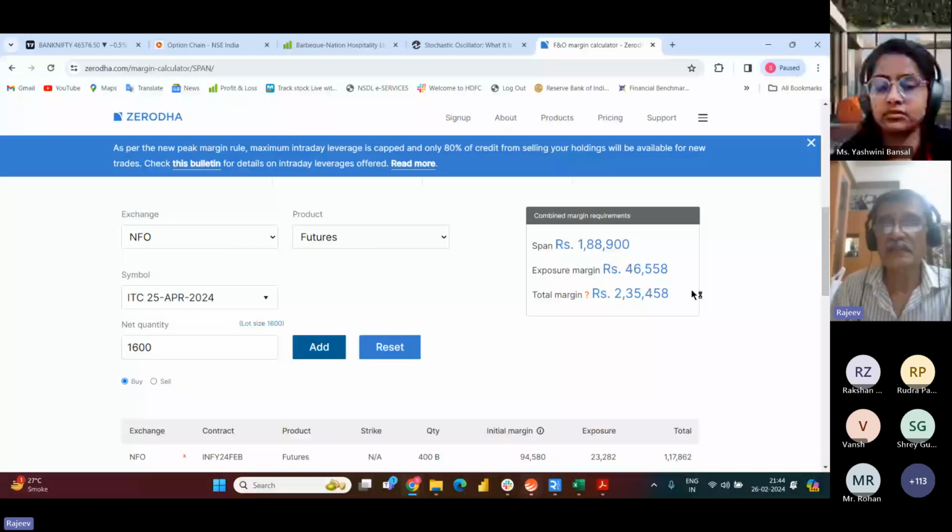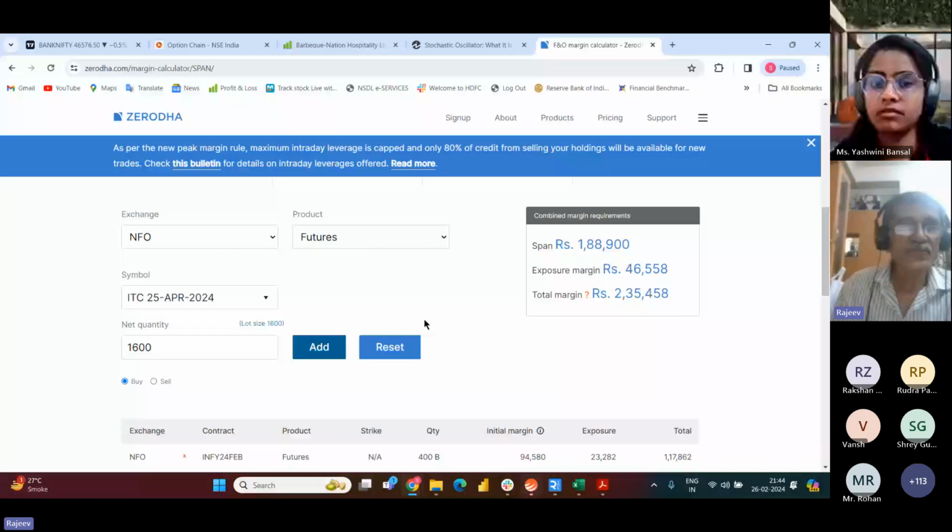For example, if I take it as roughly 2.5 lakh, and if you have capital worth say about 10 lakhs, then you will be able to sell 4 lots of 1600. The lot size of ITC is different. It is 1600. So I will be able to buy or sell 1600 into 4 lots. That's about 6400 quantity for ITC if I have got 10 lakhs.